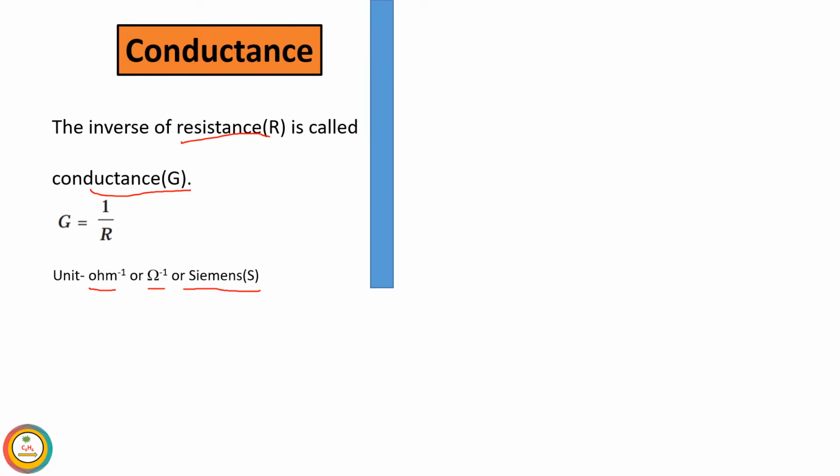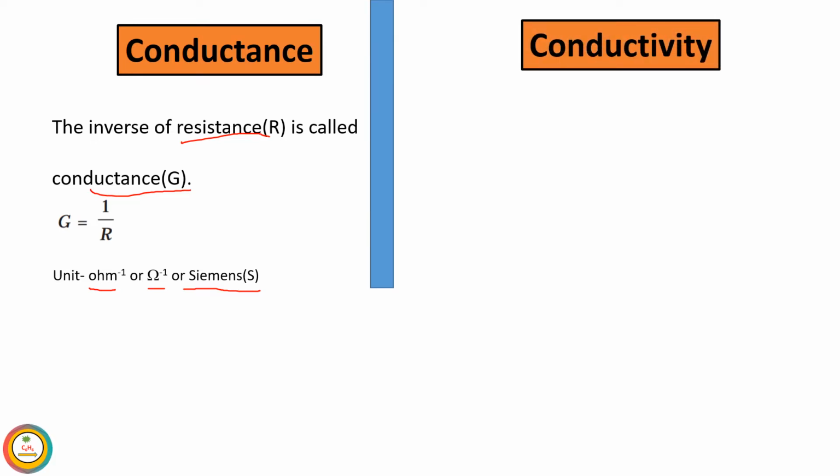Like this, the conductivity of a solution. Conductivity is the inverse of resistivity. It is represented with a Greek letter known as kappa. Kappa is the conductivity.